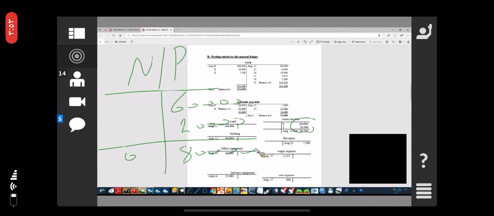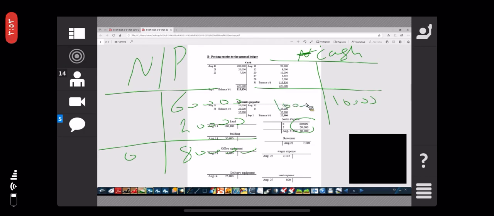When the account has, for examples, cash, with 10,000 in debit and 10,000 in credit, you will say the balance will be equal 0. When the amount in the debit equals the amount in the credit, the balance will be equal 0.